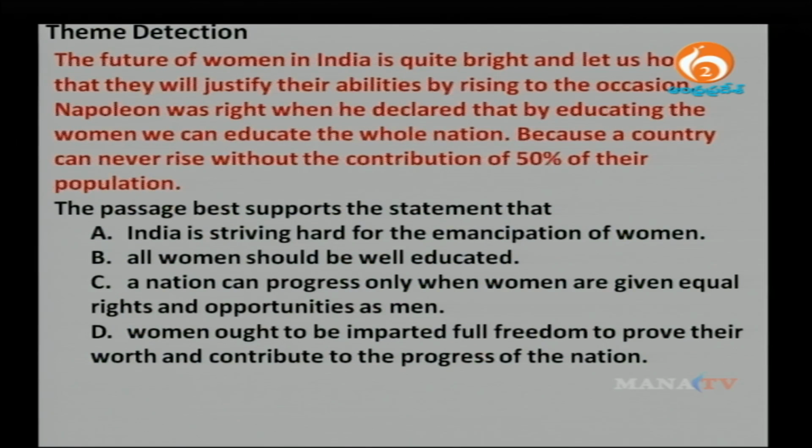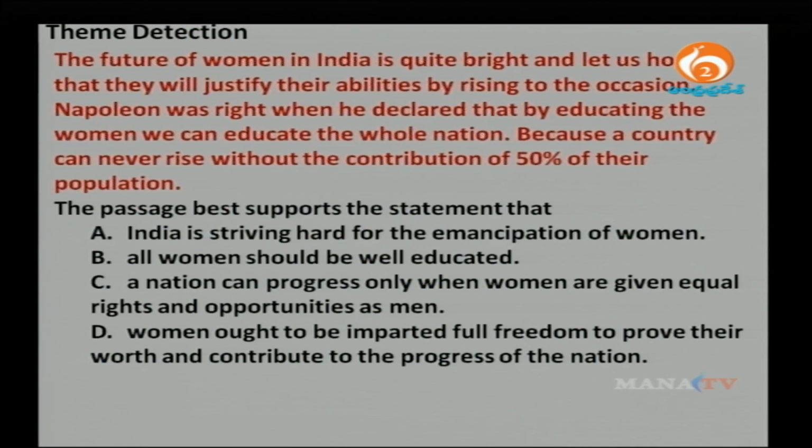The passage best supports the statement that India is striving hard for emancipation of women.